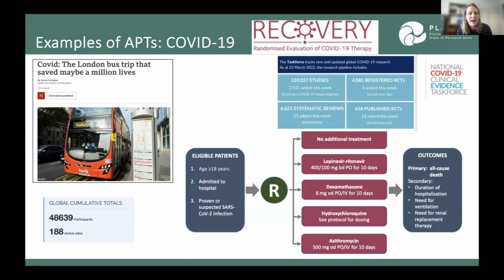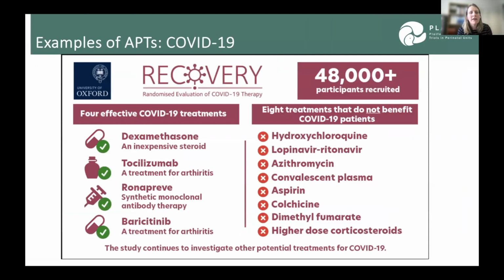And they've now had nearly 50,000 patients recruited into the RECOVERY trial at 190 sites, most of them in the UK, but some overseas. And again, within that trial design, they were able to very rapidly show that steroids, dexamethasone specifically, saves lives and should be used for ICU patients, and also other drugs that were already in practice but not for COVID-19.